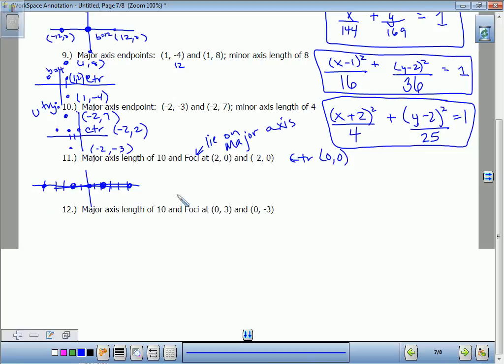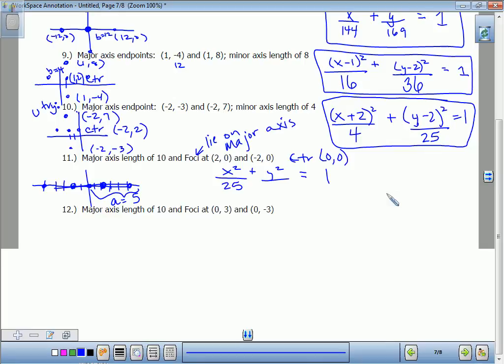The foci are on the major axis. So we know a is 5. So now we know x squared plus y squared equals 1. We know a is 5, and it's horizontal this time, guys. So the 25 goes under the x squared.